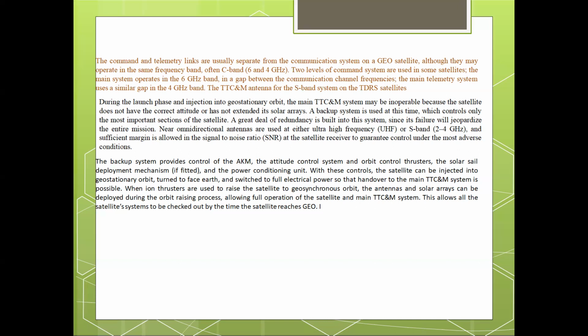Number four, the typical command system is required to generate a control code, a control word, in terms of the TDM frames.